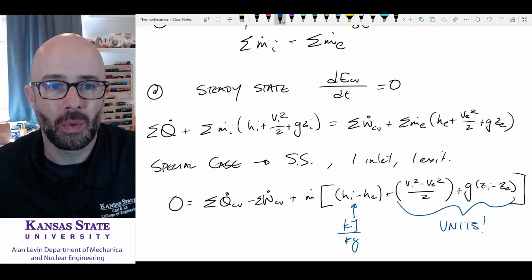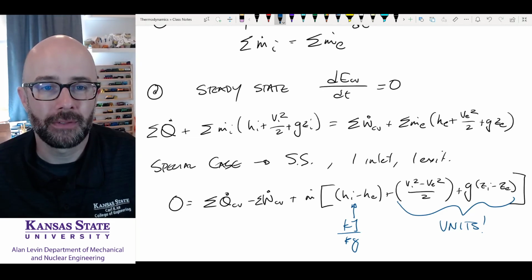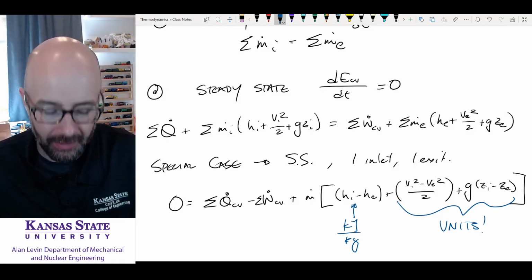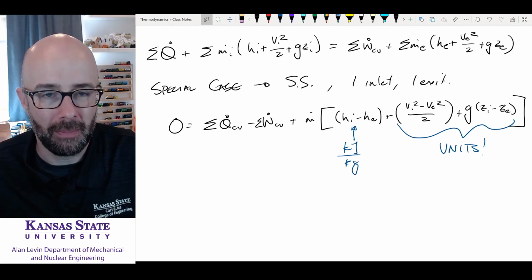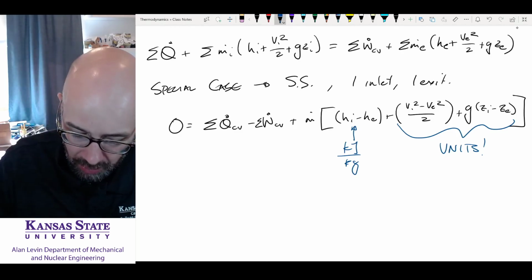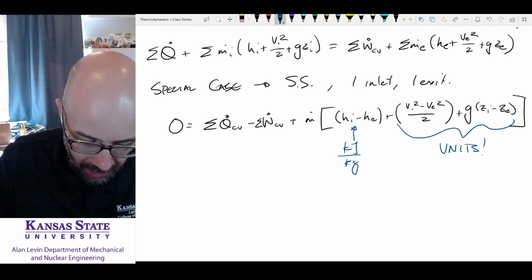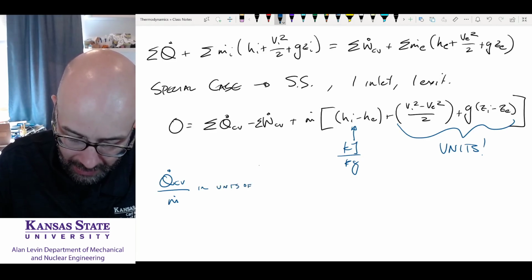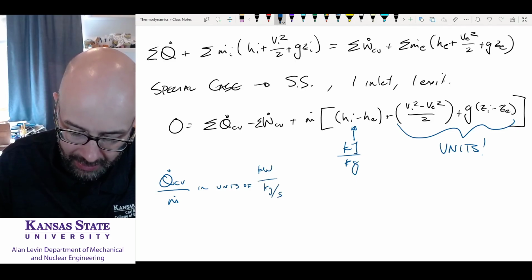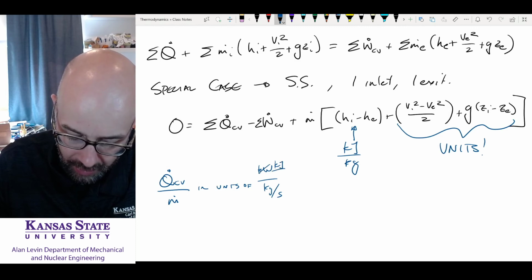Sometimes the problem statement will ask you, what was the heat transfer per unit mass? Okay, they'll say, what is the rate of heat transfer or the rate of work per unit mass? So what we're going to do there is divide through and say Q dot control volume over m dot, and that's going to be in units of kilowatts per kilograms per second. Remember that a kilowatt is a kilojoule per second, so this might give us kilojoules per kilogram.